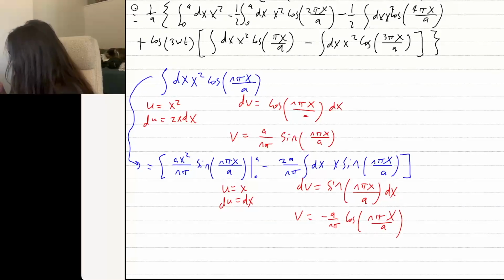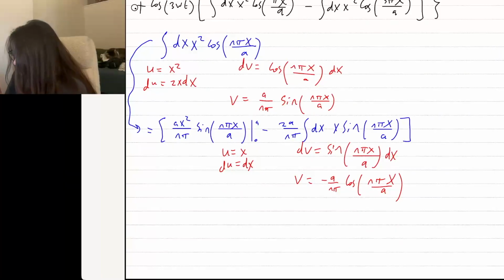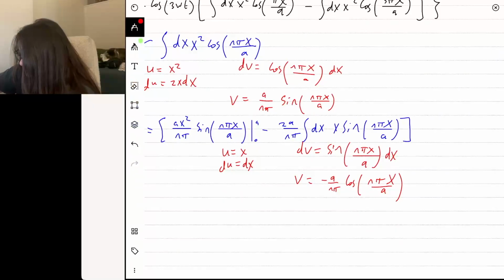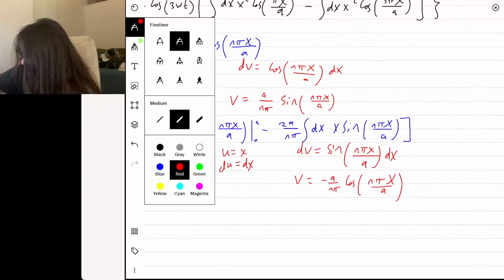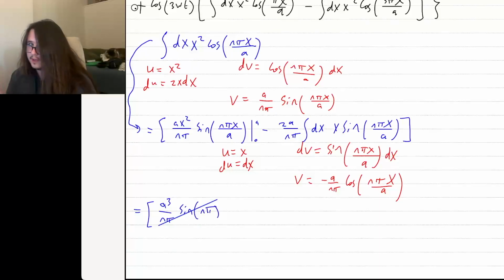I'm trying to write fast, but I also don't want to be sloppy. Then plugging that into the integration by parts formula, and also evaluating the outside term from 0 to a, we've got a cubed over n pi sine of n pi, which is 0. Sine of n pi is 0.